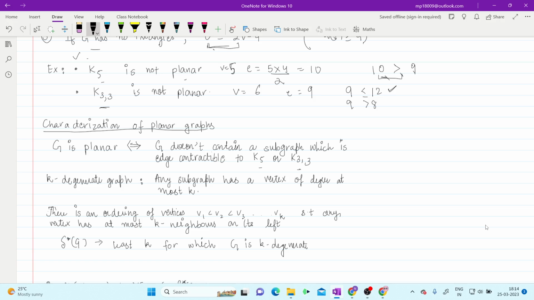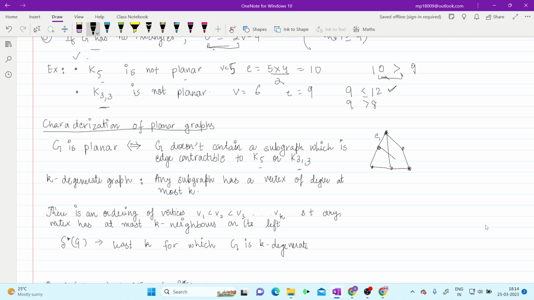I hope you know what we mean by edge contractibility. If we have a graph like this, and E1 is some edge, by edge contraction we mean that we are contracting this edge E1.